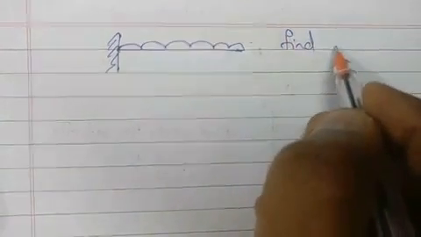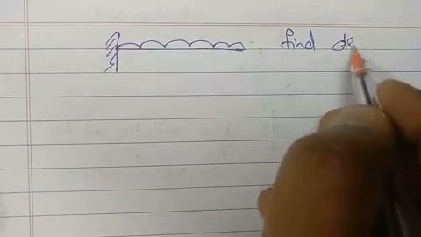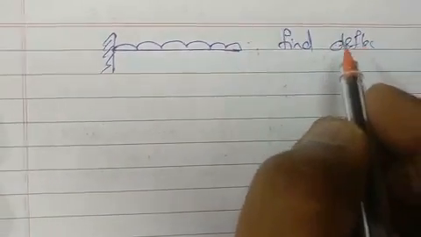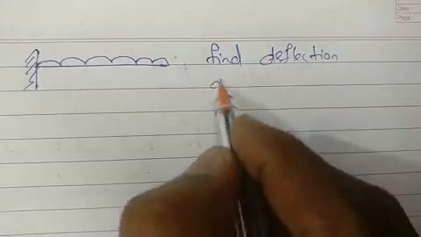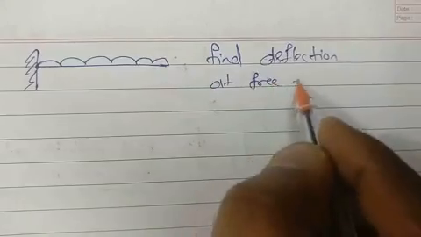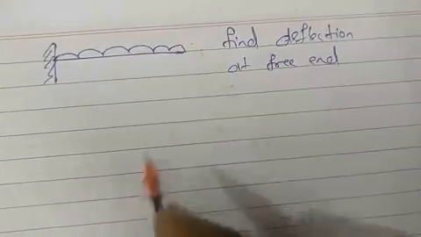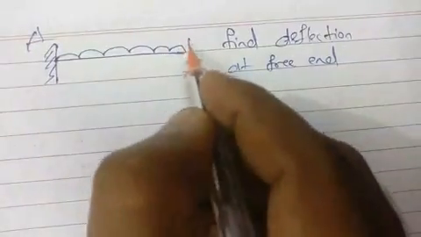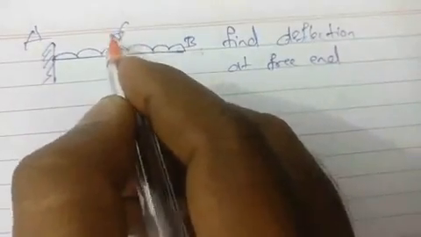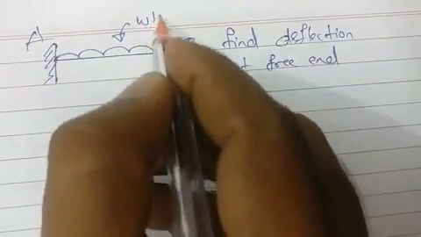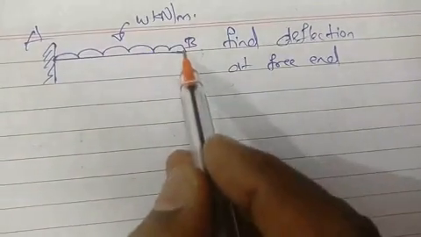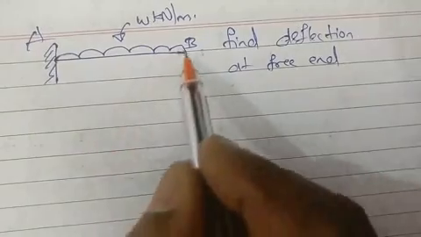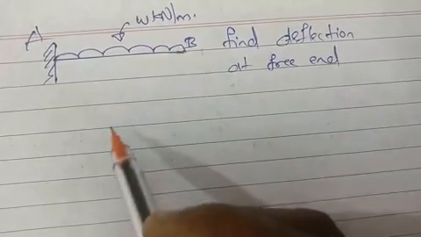Find deflection at free end. W kilonewton per meter. Now we have to find deflection at B, but we don't have any point load here.